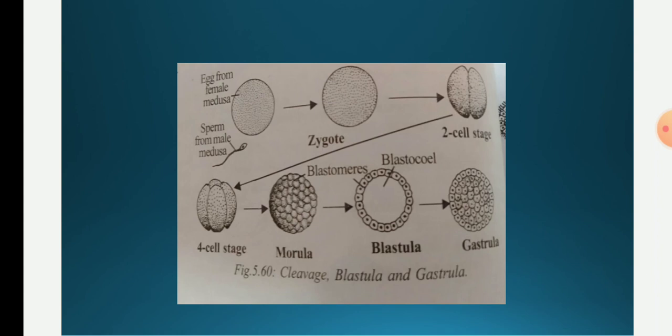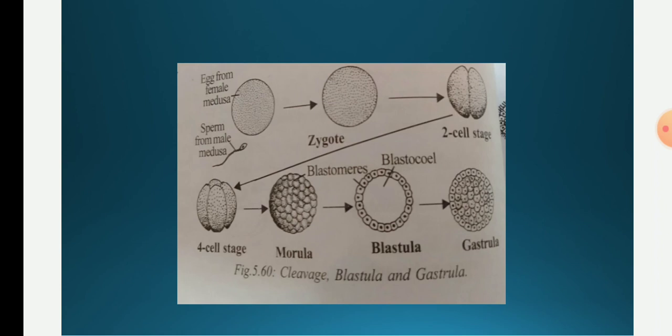The morula arranges itself in a single layer around a central cavity, giving rise to the blastula. The blastula is a hollow ball with a central cavity, the blastocoel, and the layer of cells surrounding this cavity is called the blastoderm.